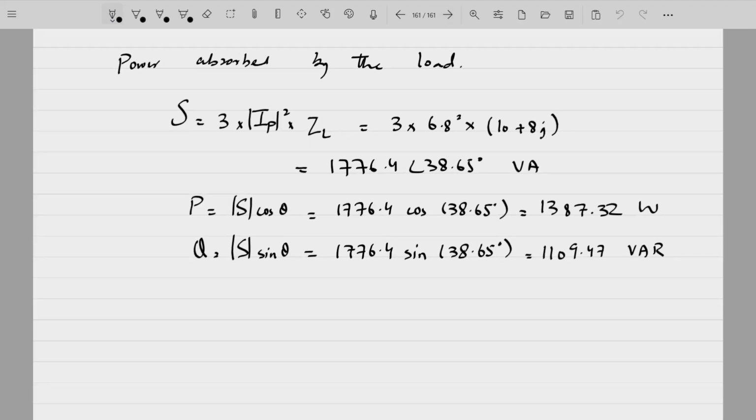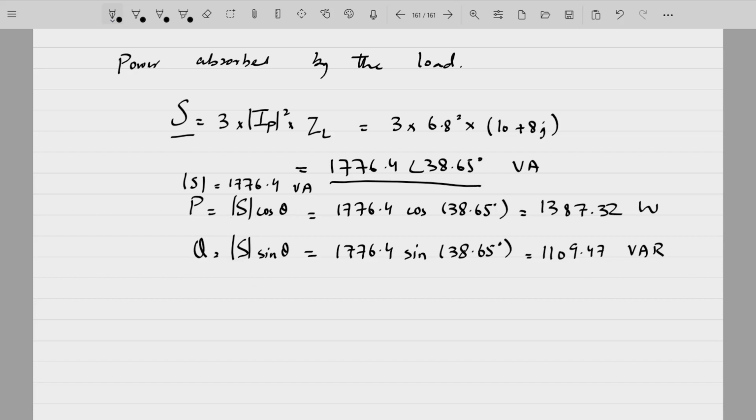The power absorbed by the load is given by this particular complex power term, out of which the magnitude of apparent power is 1776.4 VA, and then you can calculate real power and reactive power by the S cos theta and S sin theta formulas.